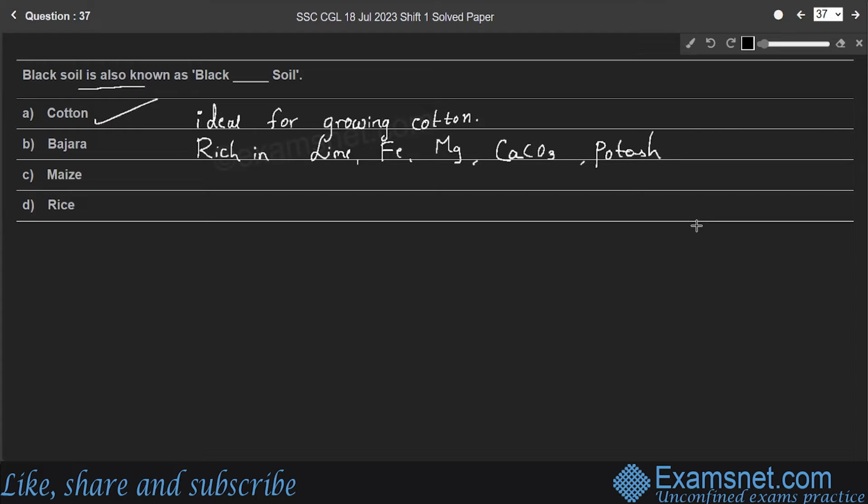They generate cracks during the dry season and become sticky during the wet season. The black soils can retain moisture for a long period, which helps the crop to grow during the hot season. Therefore, black soil is also known as black cotton soil.